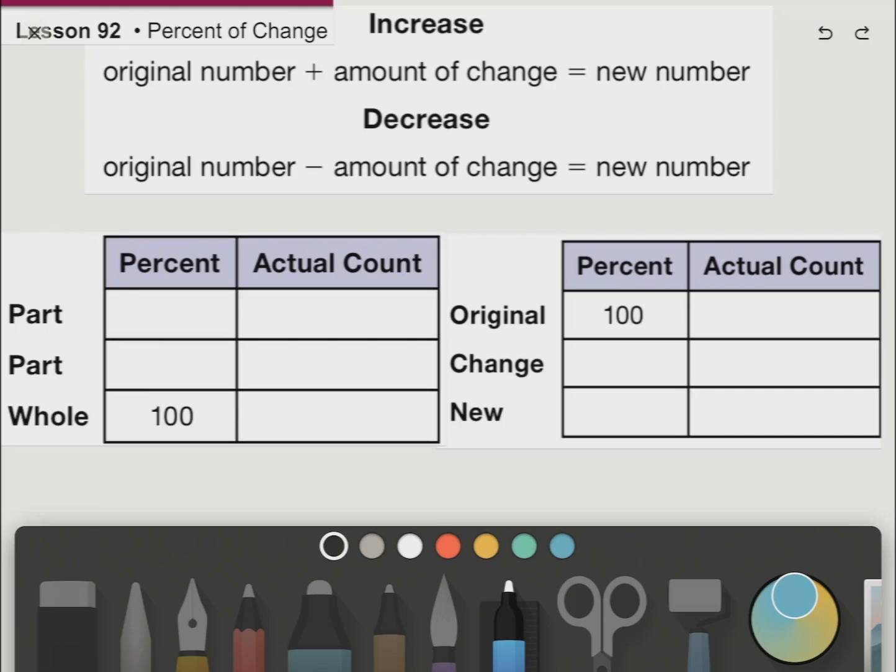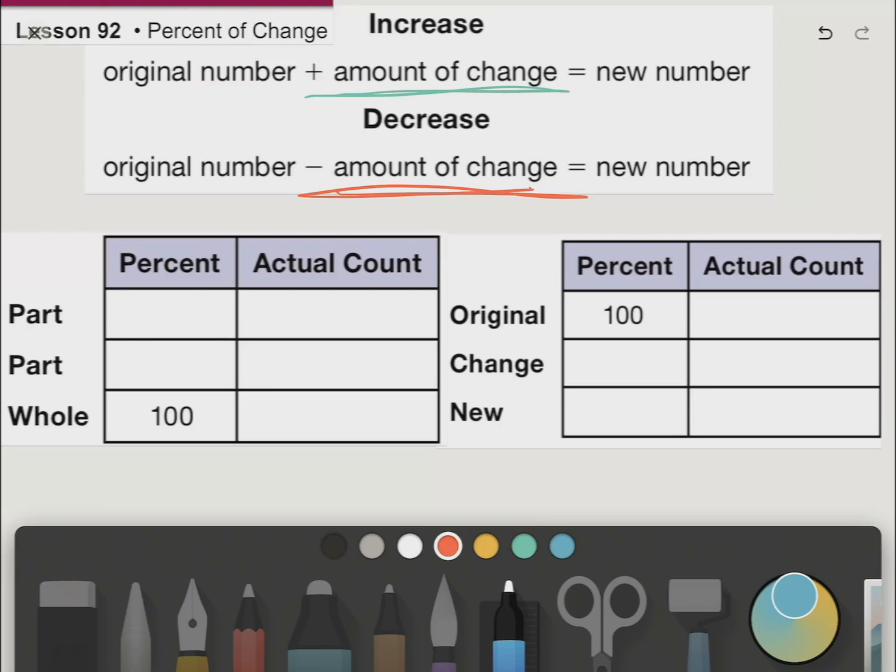If you're measuring change, no matter what that is, you're starting with an original number. And then you might be adding an amount of change, some sort of quantity, or subtracting if you're decreasing.